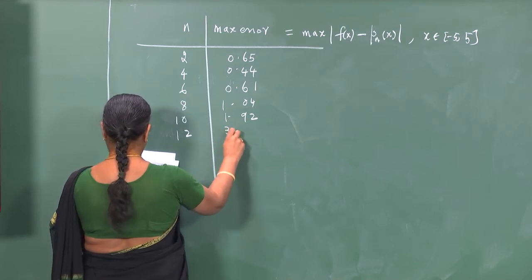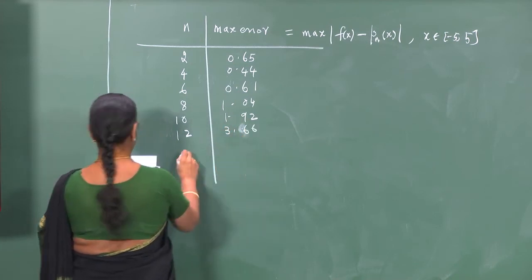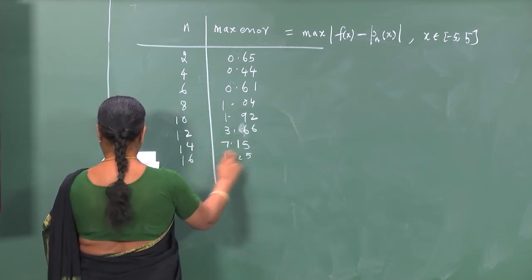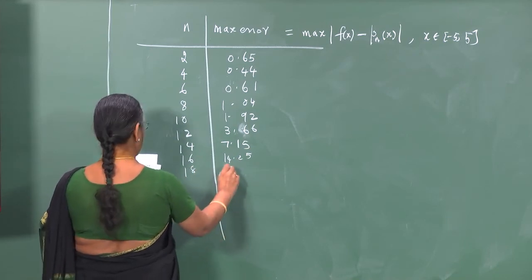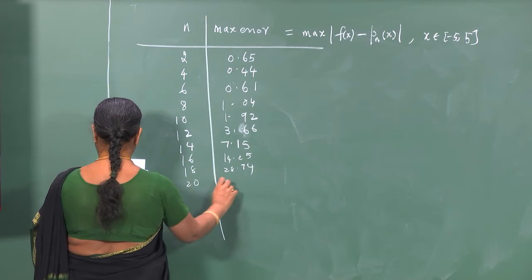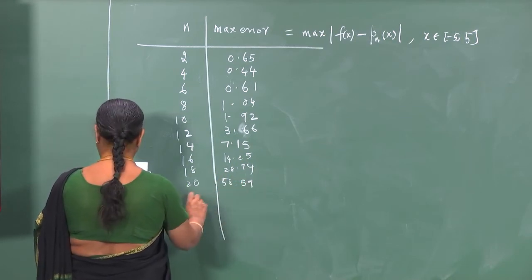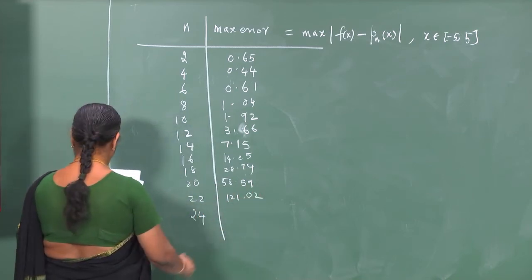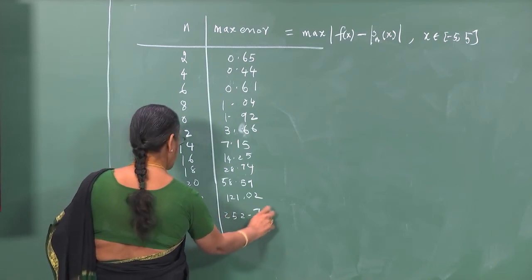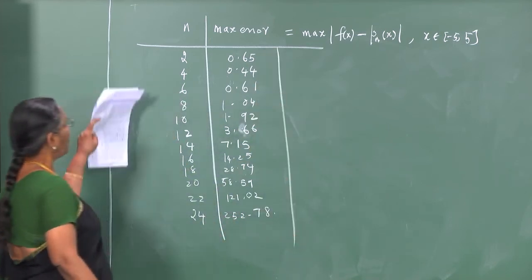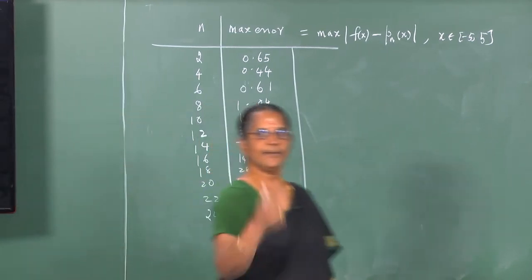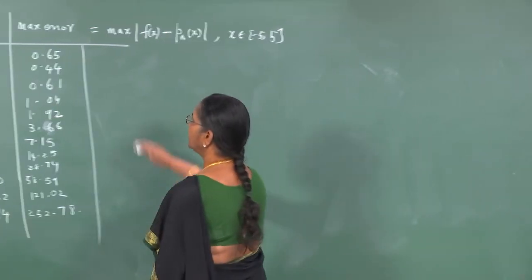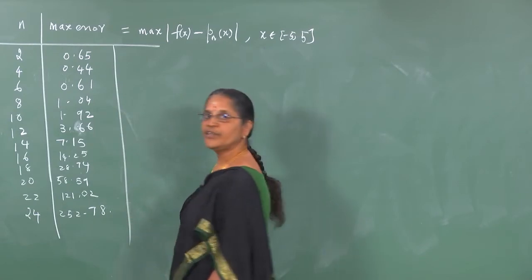Then at 12, it is 3.66, 14, 7.15, 16, 14.25, 18, 28.74, 20, 58.59, 22, 121.02, and at degree 24, it was 252.78. So, Runge performed the computations for various degree polynomials starting from degree 2 up to degree 24, and he observed and computed the maximum error to have these values.